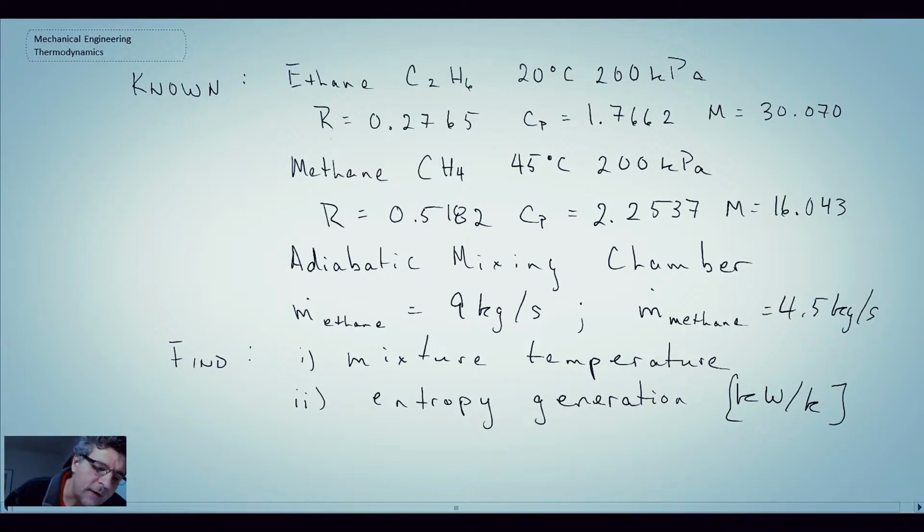I've gone into the back of the book and pulled out the values for the gas constant for both ethane and methane, specific heat, as well as molar mass. Now, the temperature change here is not that significant. We're going from 20 to 45 degrees C, so the mixture coming out is going to be somewhere between those two. Consequently, the specific heats are not going to change that significantly, and we can make approximations there. We don't have to do the exact analysis where you'd have large temperature swings.